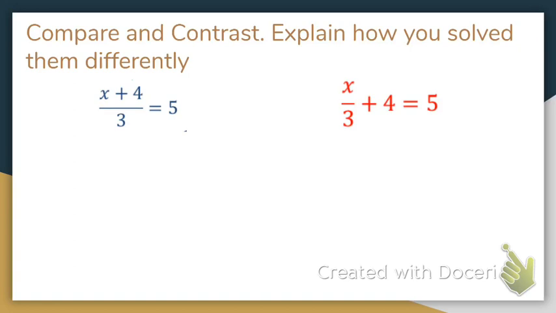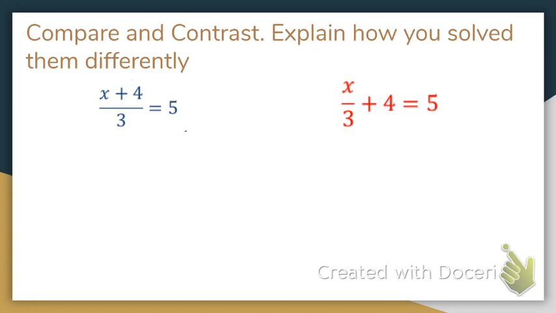What we can do, if we wanted to, is rewrite this as x over 3 plus 4 over 3, because that 3 goes into the x and it goes into the 4. If you want to think of it like that, to help you understand it, that would certainly help. Whereas on the right side, we just have the 3 underneath the x. Notice there's nothing underneath the 4. Those are the two main differences.